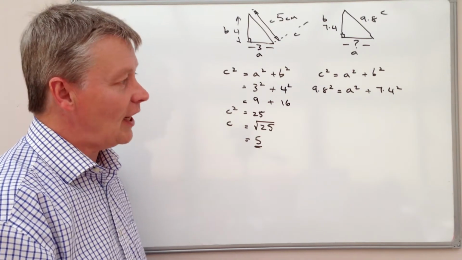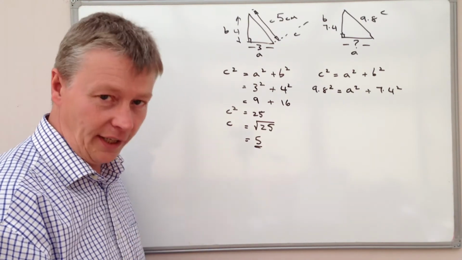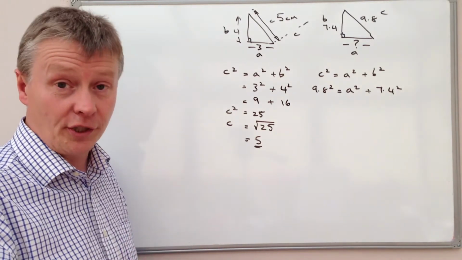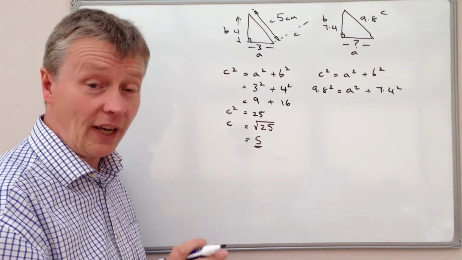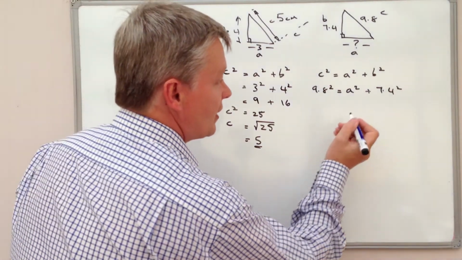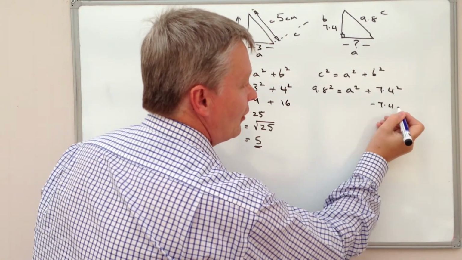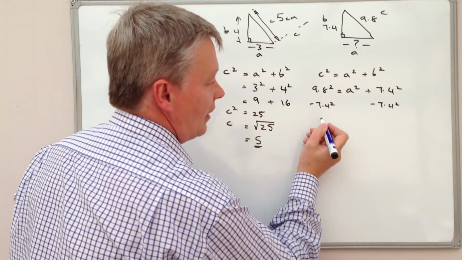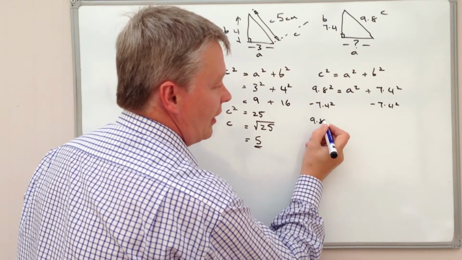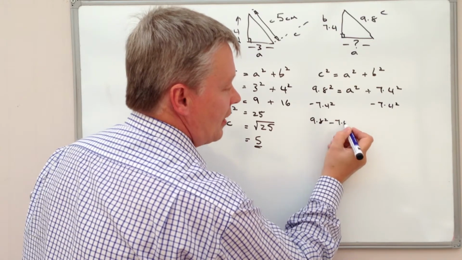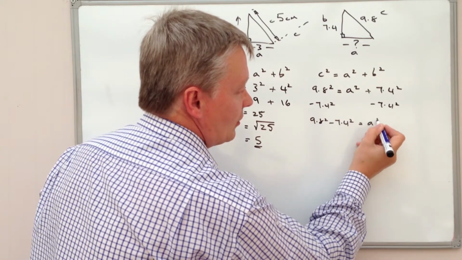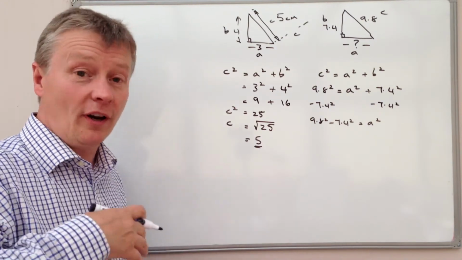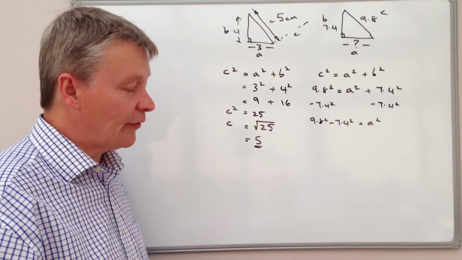And if you have a look at solving linear equations on the MathsRap post or on the YouTube playlist, that will give you some idea of how to do that. So if I take 7.4 squared from each side, it will give me 9.8 squared minus 7.4 squared equals A squared.